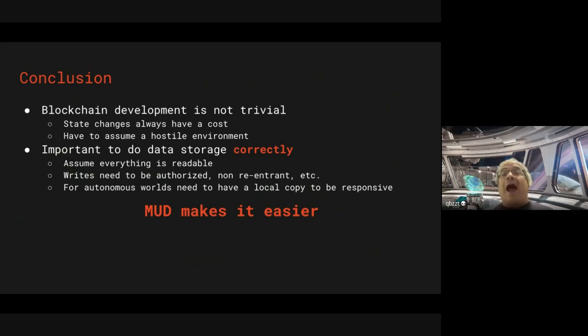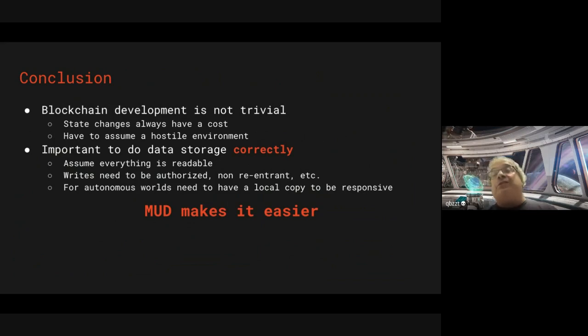Remember, there are no secrets on the blockchain. So assume everything is readable, because it is. People who run a node can know the value of any storage cell anywhere. Writes, on the other hand, need to be authorized, they need to be non-reentrant, etc.